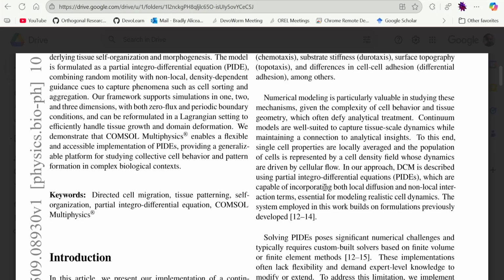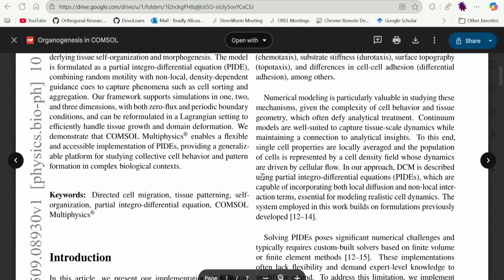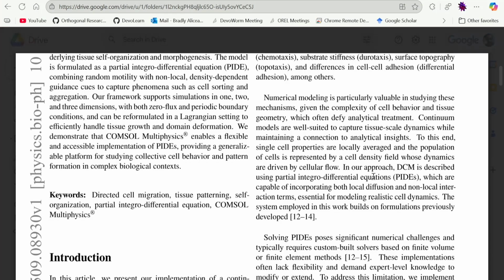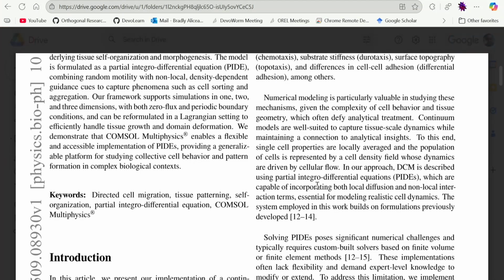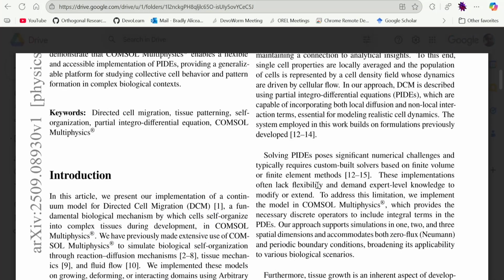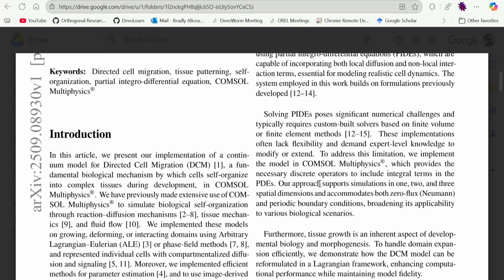And so in their approach, DCM is described using partial integro-differential equations, which are capable of incorporating both local diffusion and non-local interaction terms. And this gives us a more sophisticated dynamics. And so, of course, solving PIDEs is pretty difficult. It usually requires custom-built solvers based on finite volume or finite element methods.